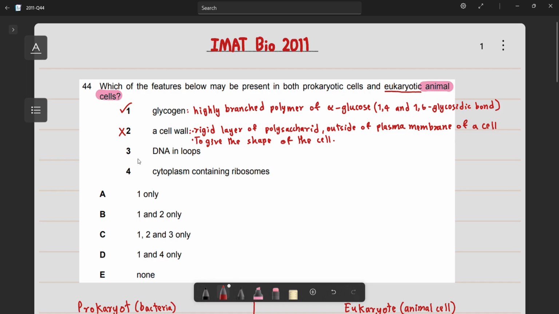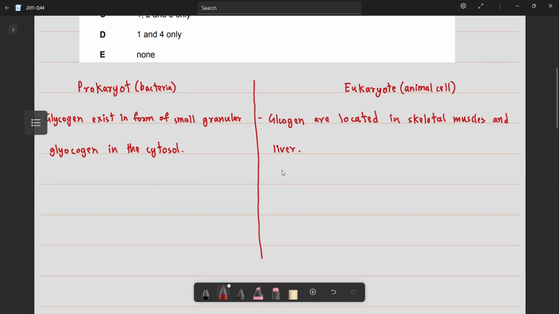Now there's one thing you must know: the cell wall exists in a different form for prokaryotes like bacteria, and for eukaryotes like plant cells. Plant cell walls are made of cellulose, and bacterial cell walls are made of peptidoglycan. So that's the main composition.